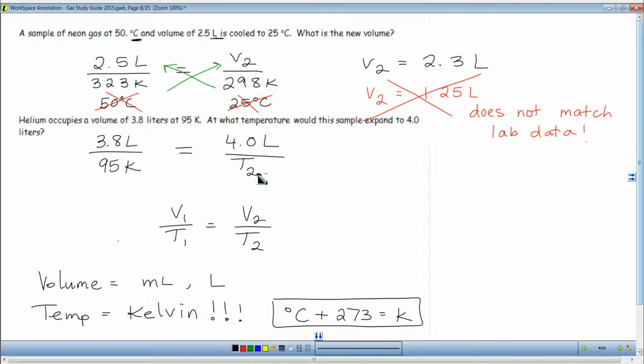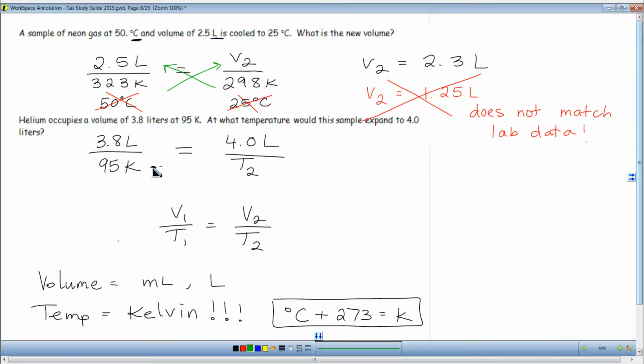Okay, so you plug this in your calculator. Without a calculator, I can at least tell you that the volume is increasing slightly. So the Kelvin temperature must increase slightly. So I'm looking for something a little bit greater than 95. So if I plug this in my calculator, again, we just cross multiply.